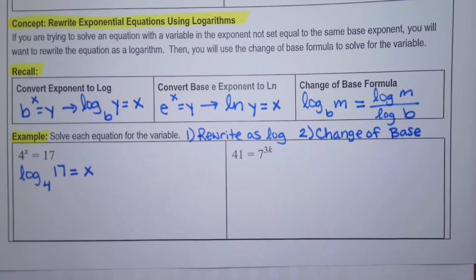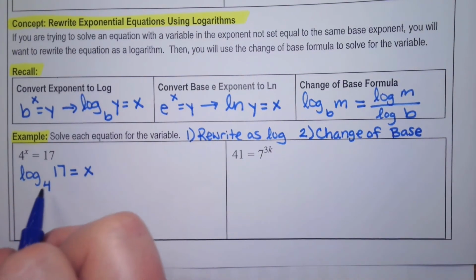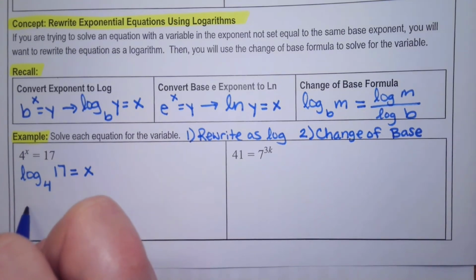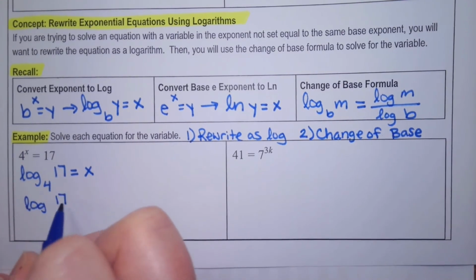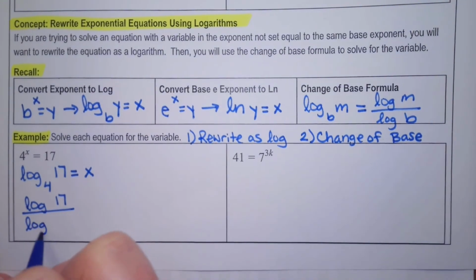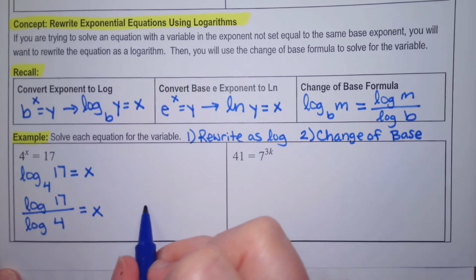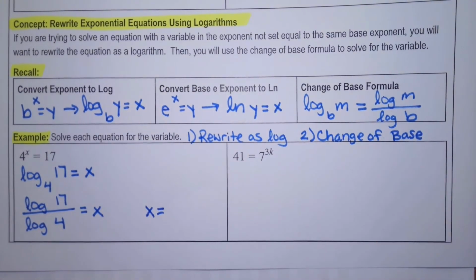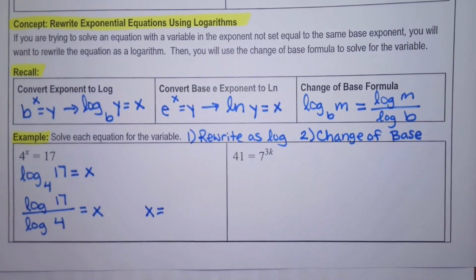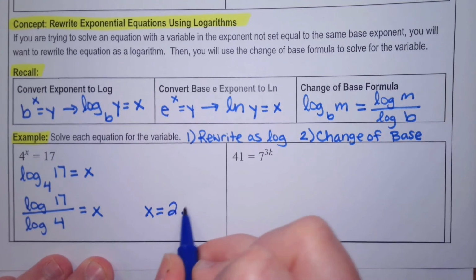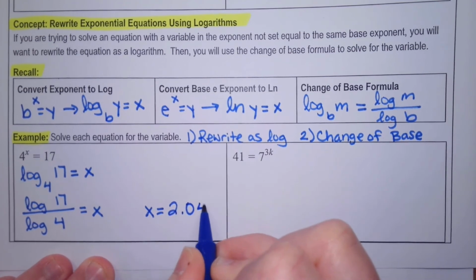Change of base. So we cannot calculate log base 4 of 17. But what we can calculate is log 17 divided by log 4 is equal to x. So now it is just calculator work. Log 17 divided by log 4. And we get 2.04.